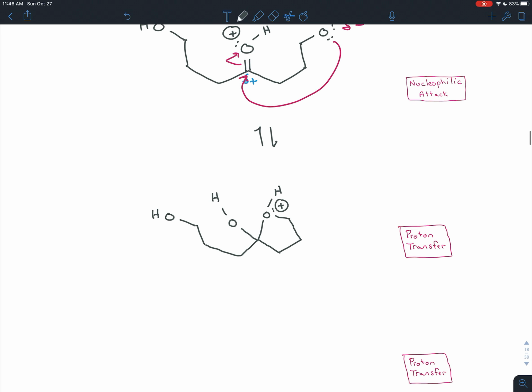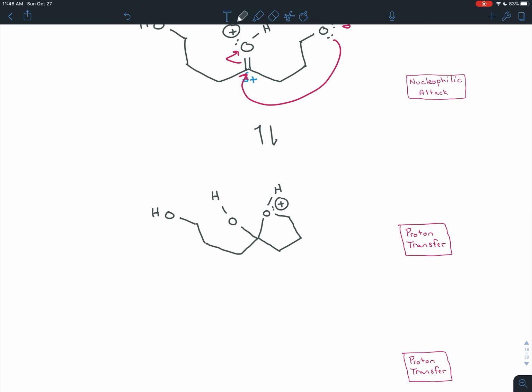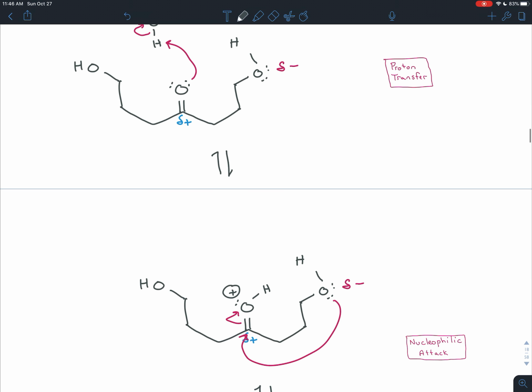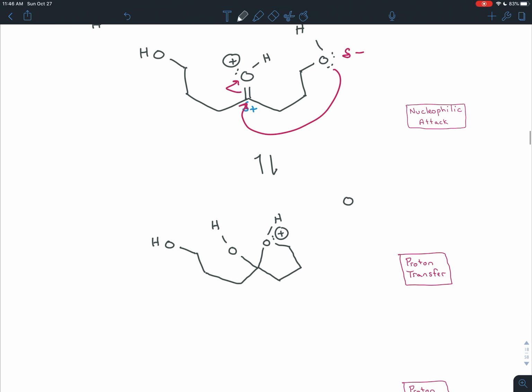We just have to stabilize this positive charge, and we can stabilize it by using the water that we formed from this first reaction. That hydronium ion lost an H+ to form water. Well, now the water can come back and act as a base. It can steal the slightly positive hydrogen, and the electrons ricochet back onto the oxygen to help to stabilize that positive charge on it.